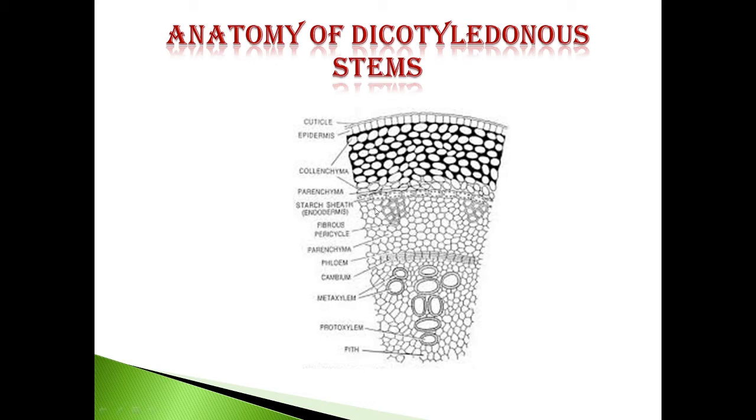The stele consists of three regions, that is the pericyclic region, the vascular region and the pith region. The region between the vascular bundle and the cortex is known as the pericycle.